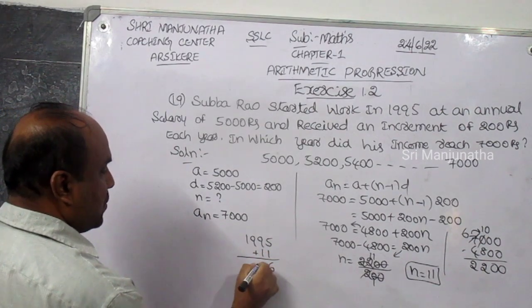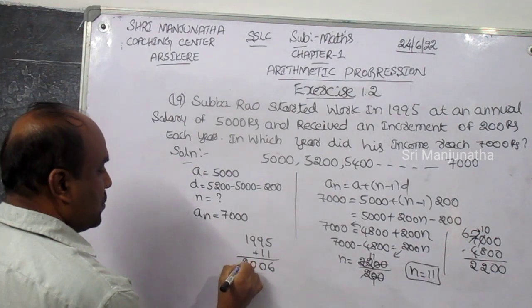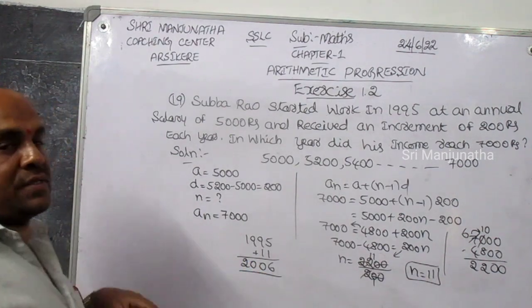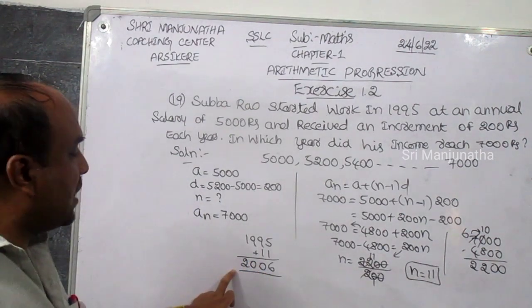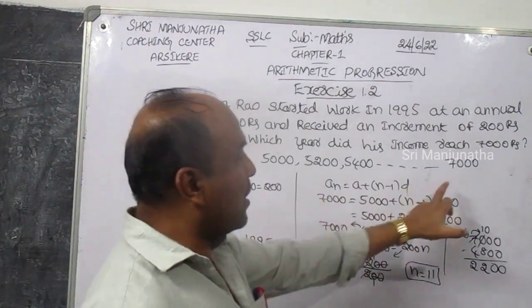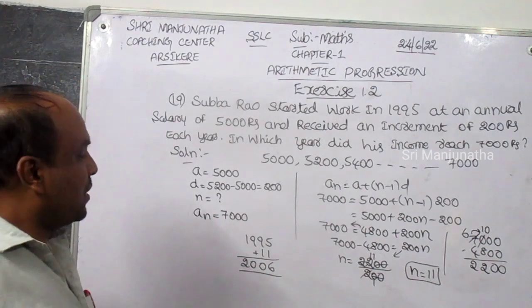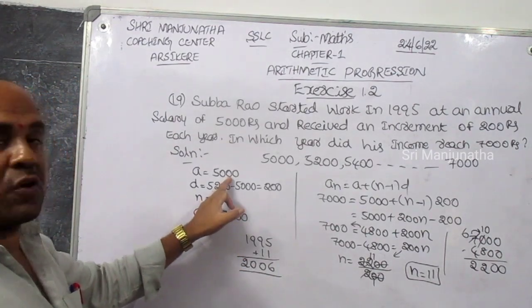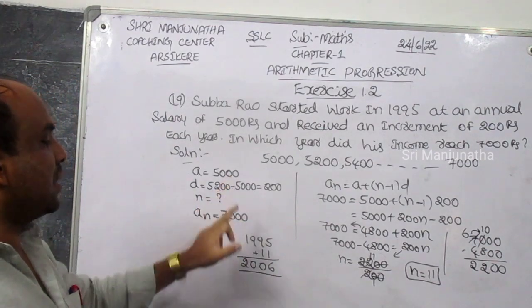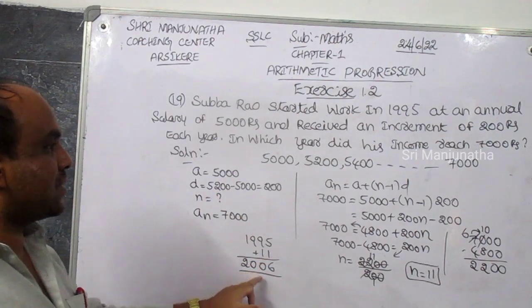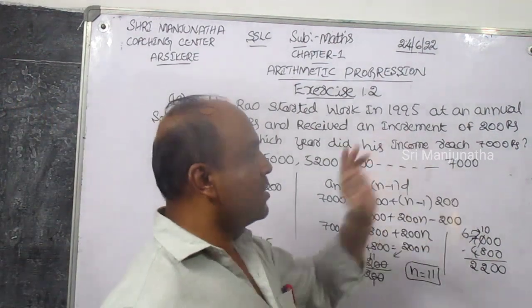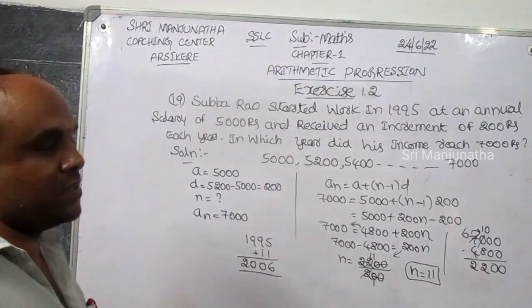It becomes 2006. In 2006, he gets a salary of how much? 7,000 rupees. It is very easy. In 1995, he gets a salary of 5,000 rupees. In the 11th year, nothing but 2006, he gets a salary of 7,000 rupees. It is very easy.